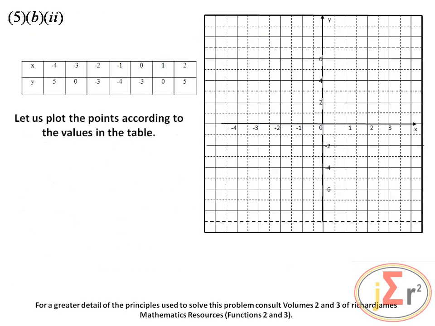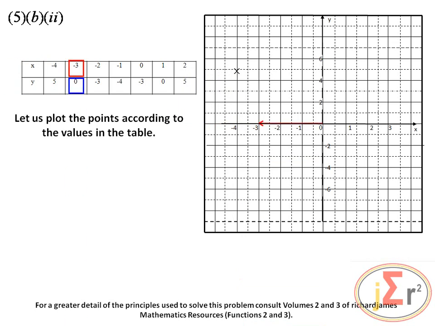We are going to plot the points based on the information that we have in the table. So we have, first one, negative 4, 5. So negative 4 in the x direction and 5 in the positive y direction, and we put the point right there. Next we have negative 3, 0.